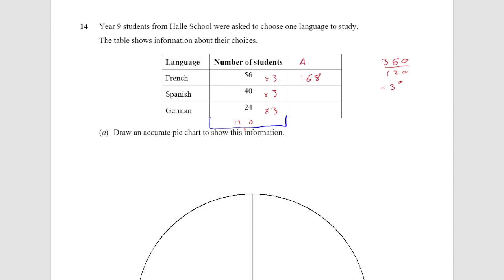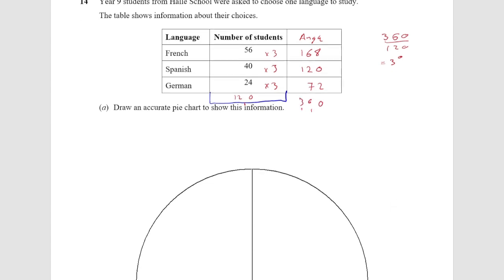I'm going to call this angle size, angle. 40 times 3 is going to be 120, and then 24 times 3 is going to be 72. So we can double check that adds up to 360. 8, 15, 16. So that does, so we're fairly confident.